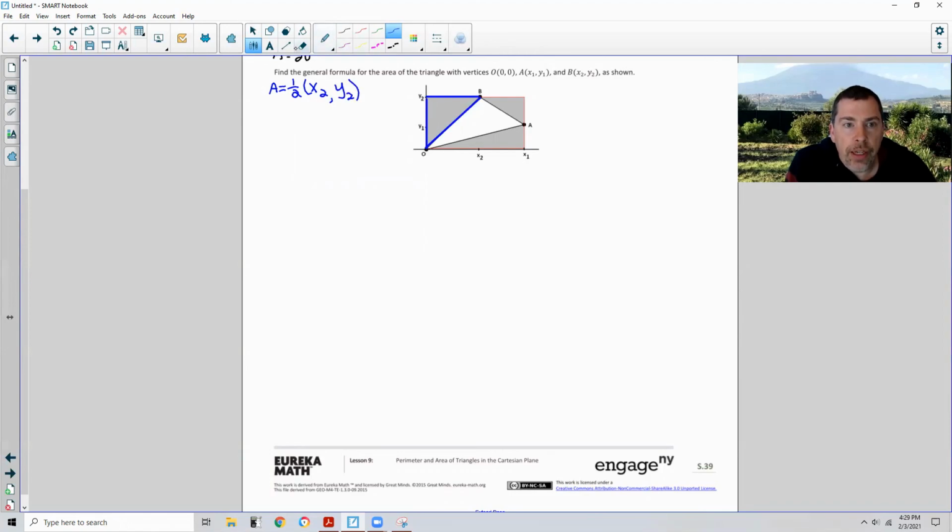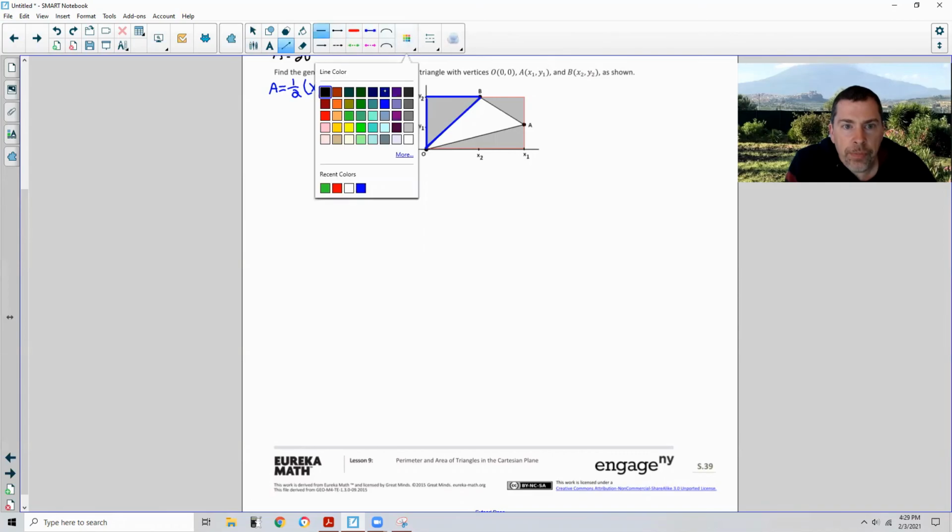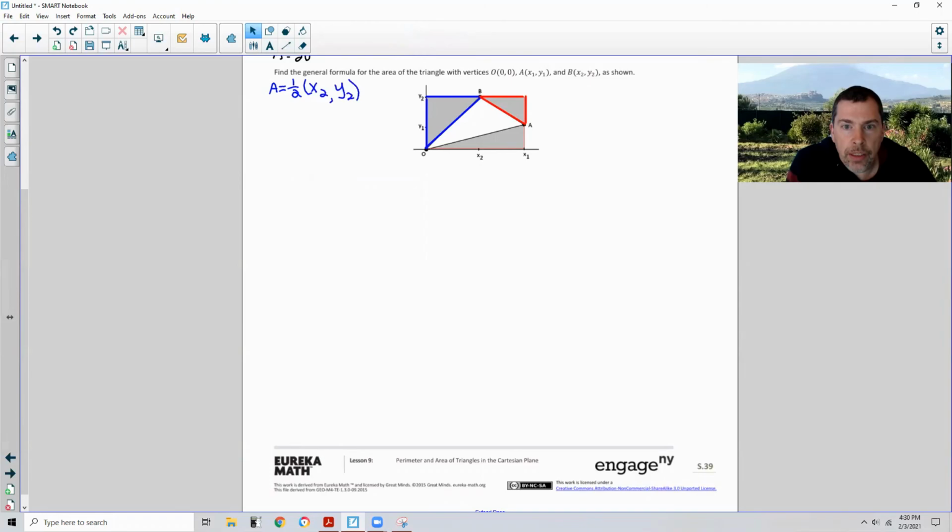Now I'm going to do the same with the next one. I'll do that one in red, and that is this triangle here. Let me move this a little bit, like so. The area equals 1/2 the base.